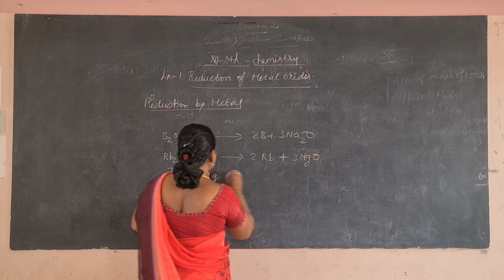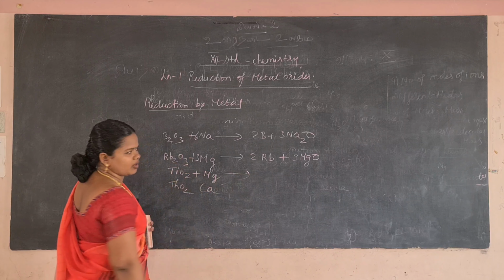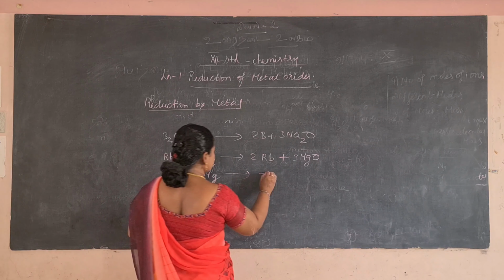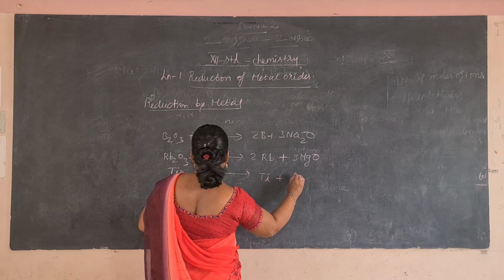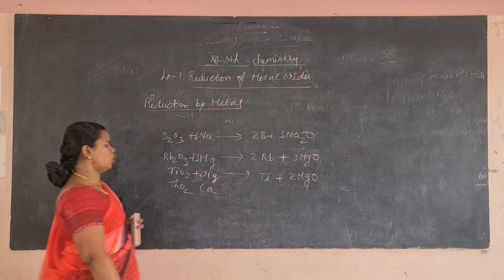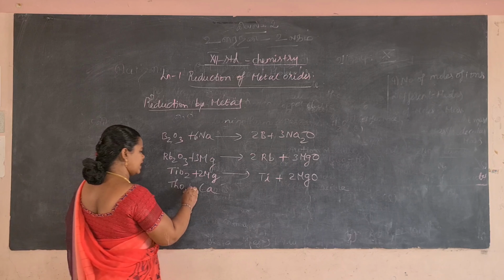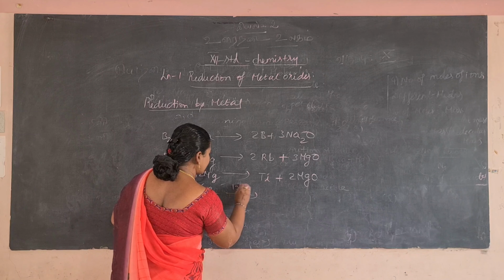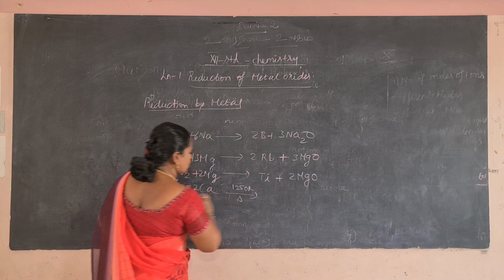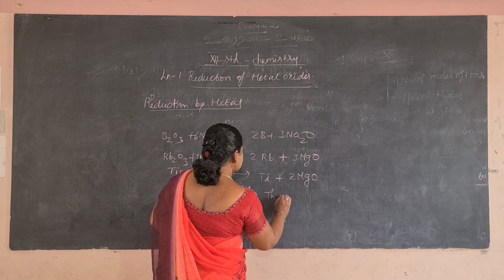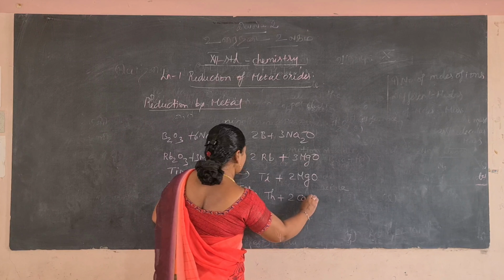Then titanium dioxide, when it reacts with 2 moles of magnesium, forms titanium metal plus 2MgO. And thorium dioxide, when it reacts with 2 moles of calcium and is heated at 1250 Kelvin, forms thorium plus 2CaO.